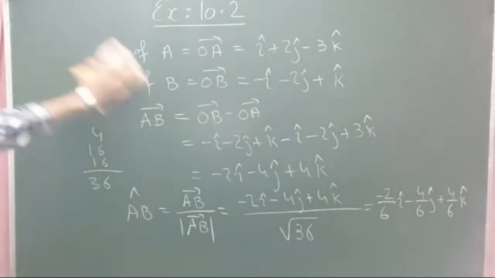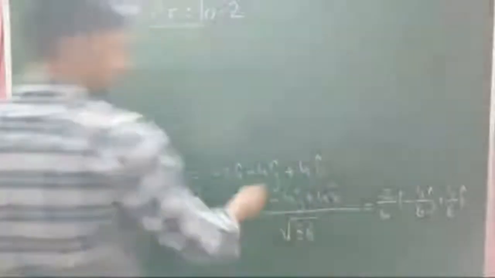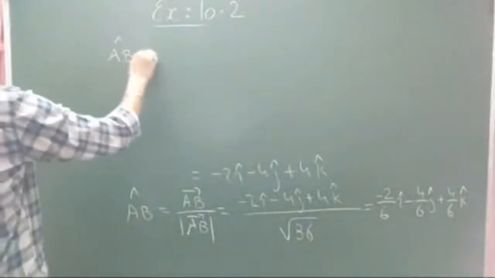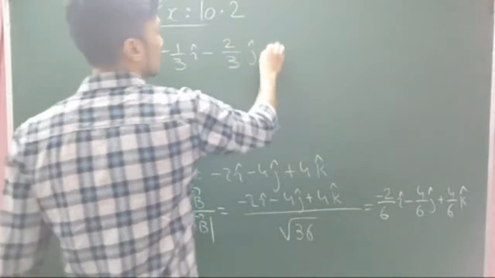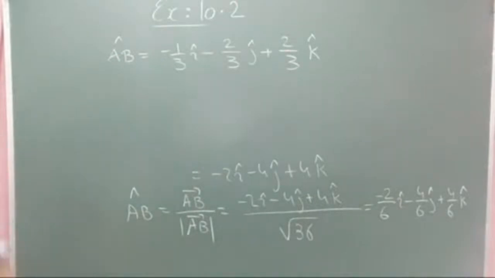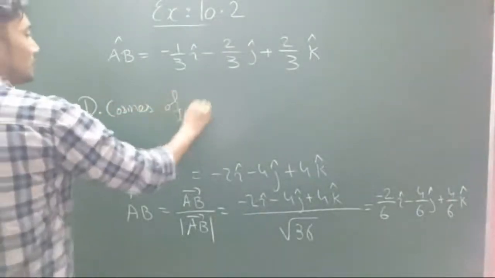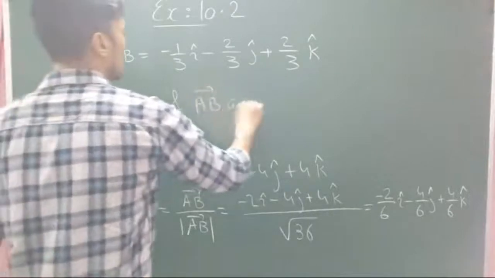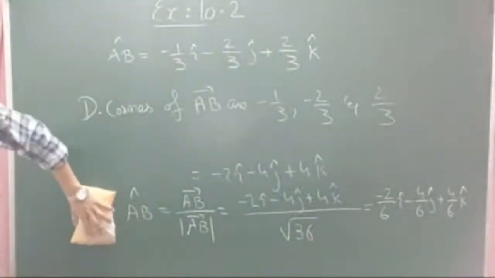If we simplify that further, AB cap would be minus 1 by 3i minus 2 by 3j plus 2 by 3k. Minus 1 by 3, minus 2 by 3, 2 by 3 are the direction cosines. So direction cosines of the vector AB are minus 1 by 3, minus 2 by 3 and 2 by 3. Done?